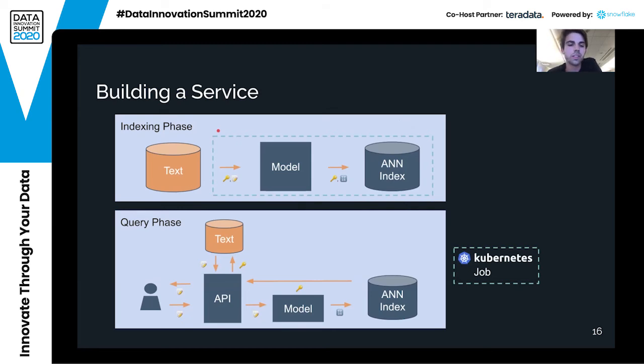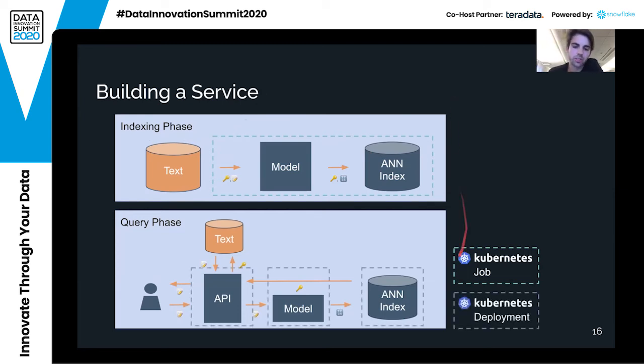You could have it check if your data has changed, and if it has, you would rebuild the index and produce an index artifact for the particular database you have, on a very high level.